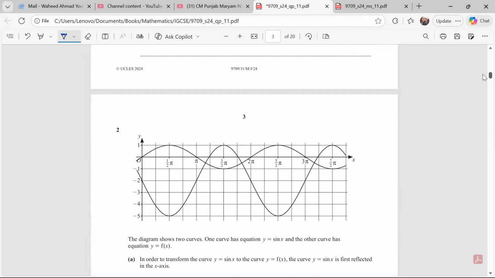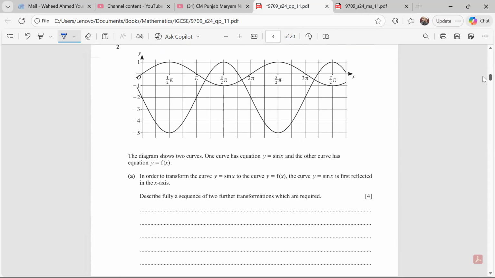Okay, let's move on to question number 2. Okay, this is also very interesting. You can see there are two curves given. One curve, this one, is y is equal to sine x. And the second curve, they are writing it as y is equal to f of x, and it is coming from the sine x.